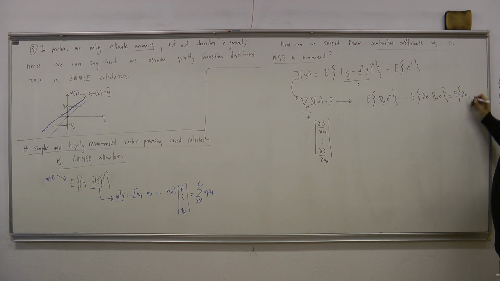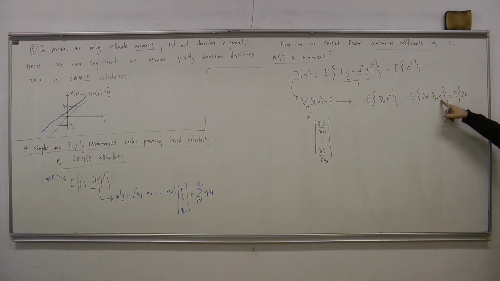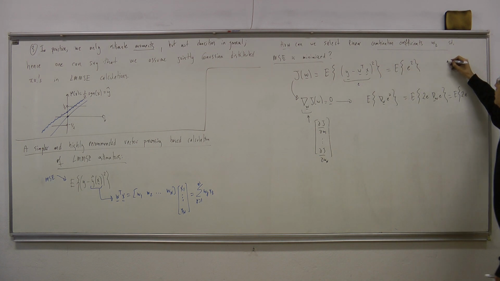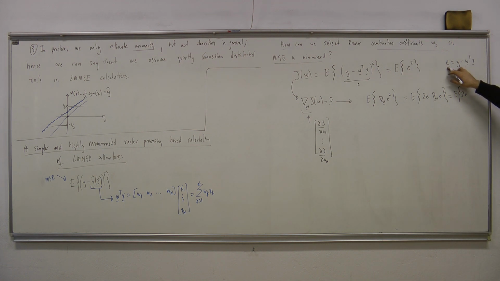Expected value of 2e. Now, this is my e variable. e is equal to y minus w transpose times x. Okay. So I'm taking the derivative with respect to, let's say, w1, I get x1. If I take the derivative with respect to w2, I get, there's a minus sign, minus x2. So let me write this, minus x1, minus x2, minus xn. And I'm equating this to 0.